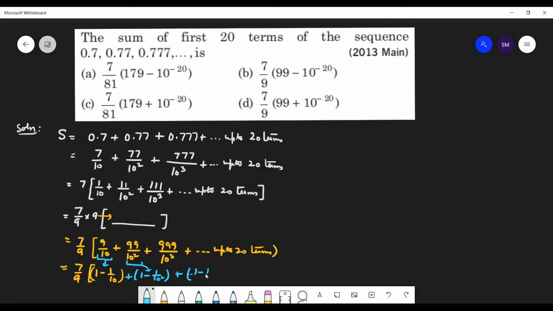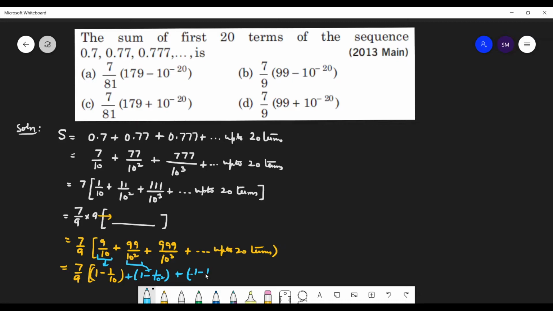Is this clear to everyone? Yes. So 7 by 9 into 20 minus. So when you will solve this, you will get here 9 by 10. Sir, why did you write 20 minus 1 by 10? Why did you write 1? In this last step.